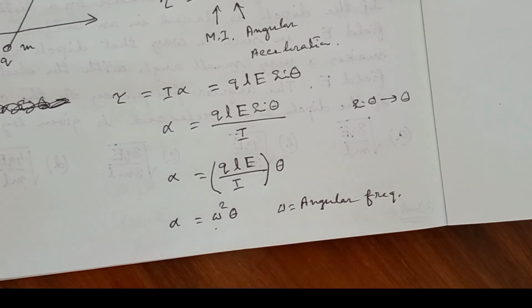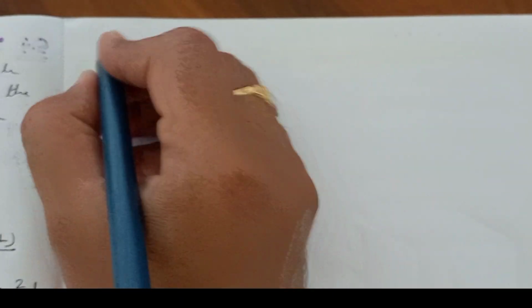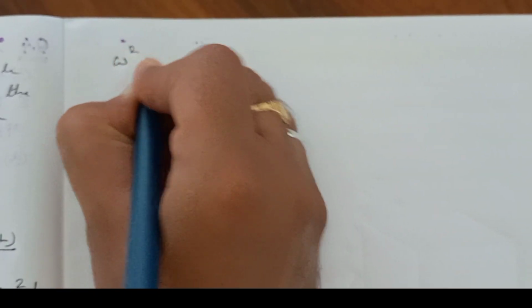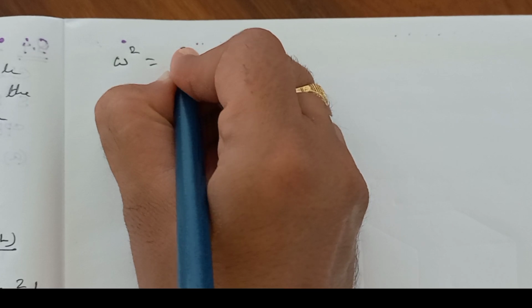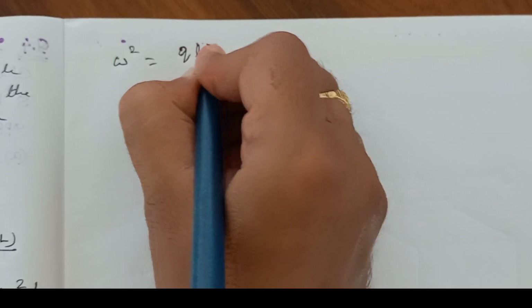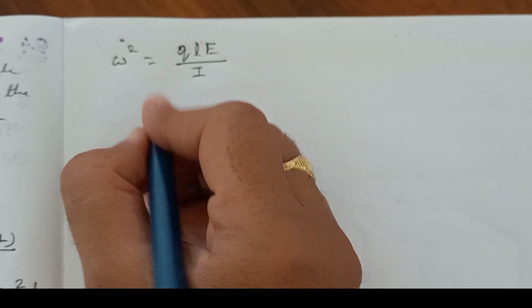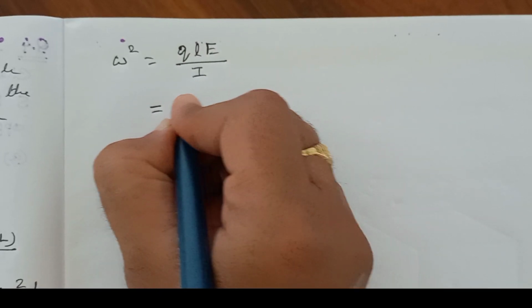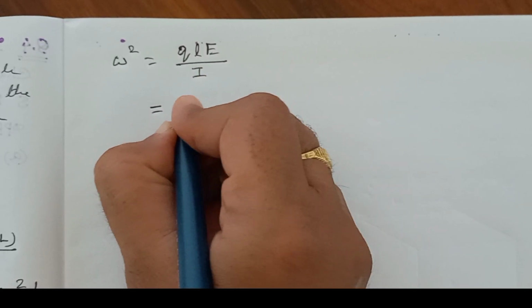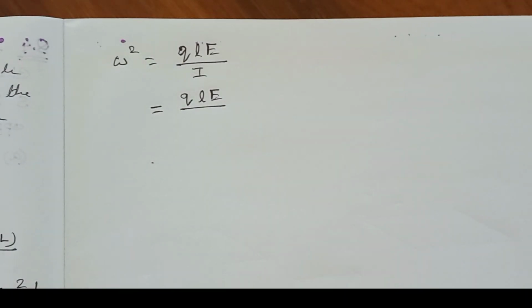So, for this case, we can write omega square is equal to q L E by I.